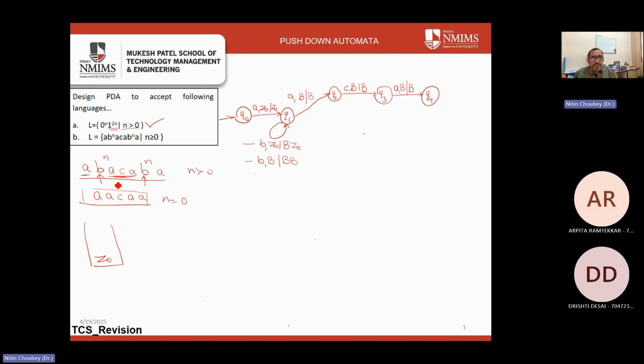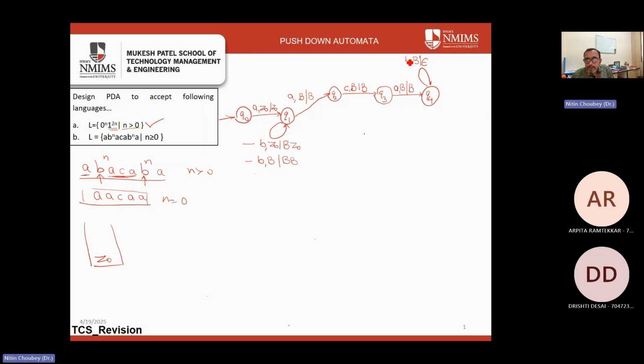Q4. Now here after A, C, A, we will get B's if any are available. For those B's, we need to pop one capital B from the stack. So small b and capital B: on the stack top we have capital B, and in the input we have b, in that case we'll simply pop this B. This will continue for all the capital B's which we have pushed here.